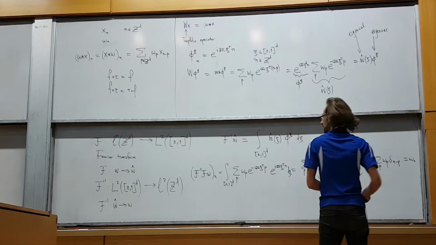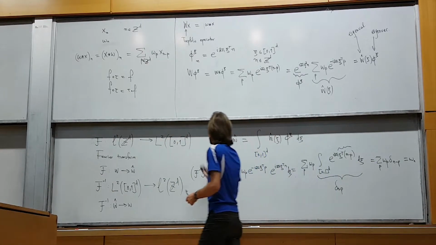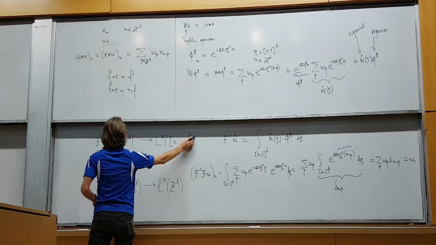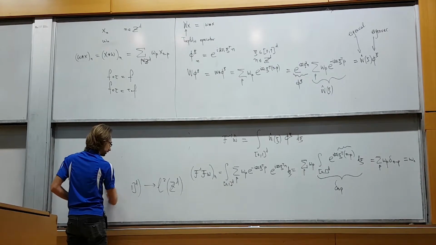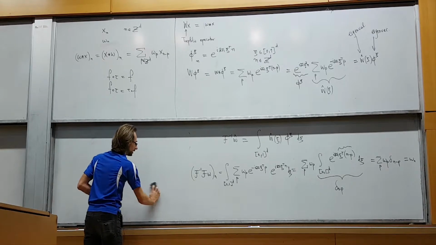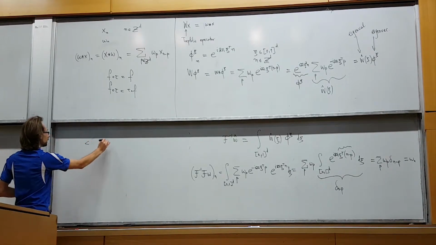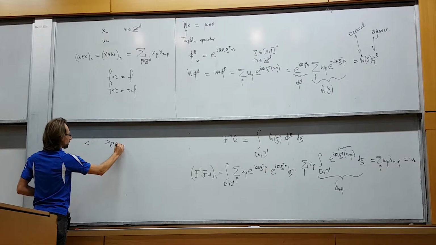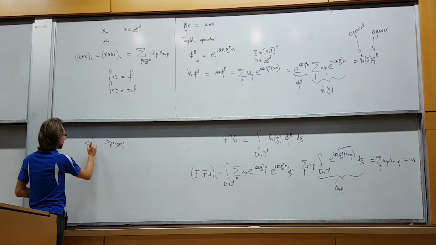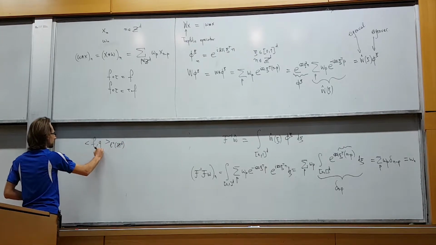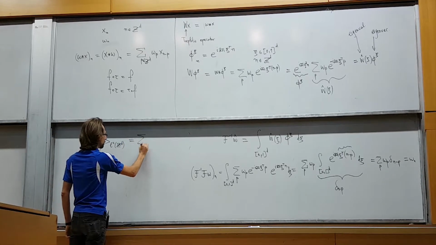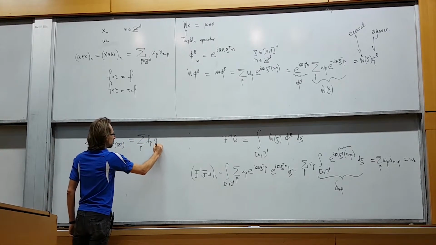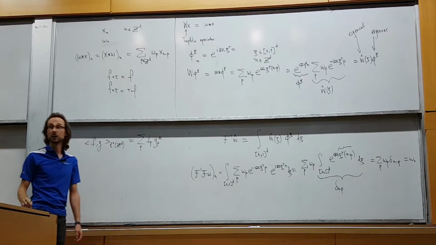Now let me write these operators in a slightly different form. Let me define an inner product on this space, an inner product between two sequences, two signals f and g, as simply the sum over p of f_p g_p complex conjugate. Okay.